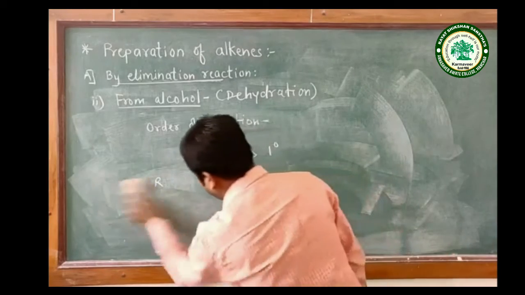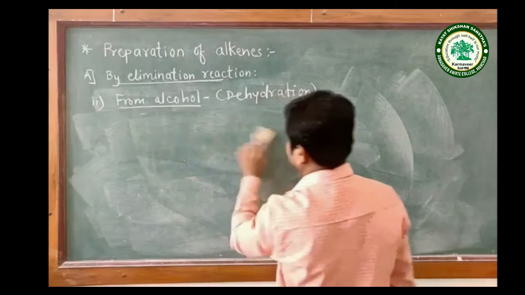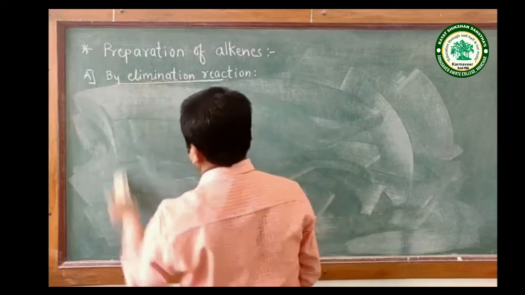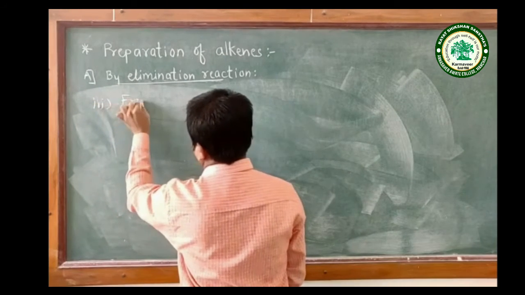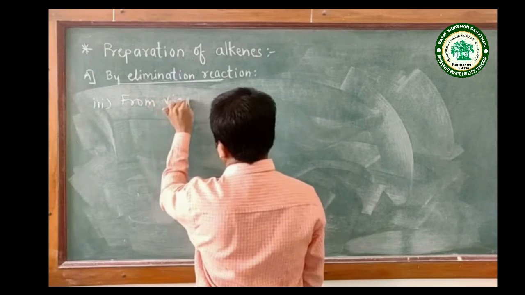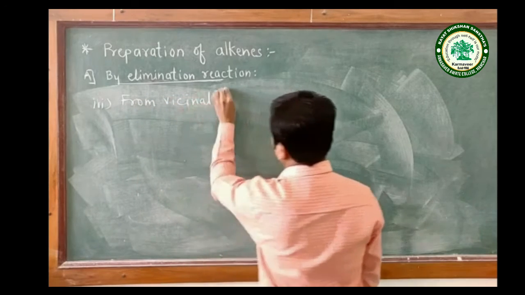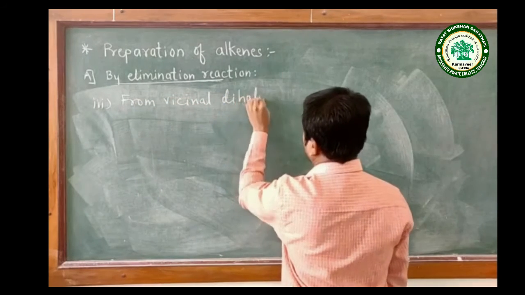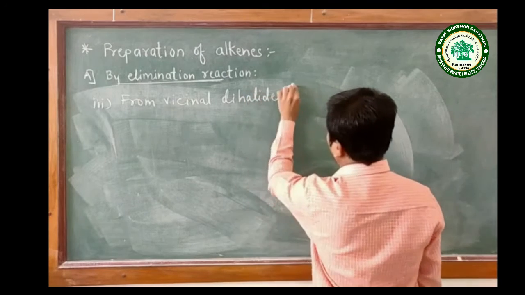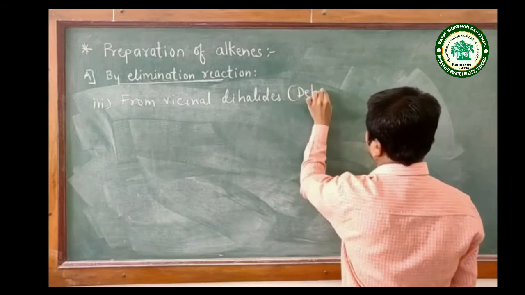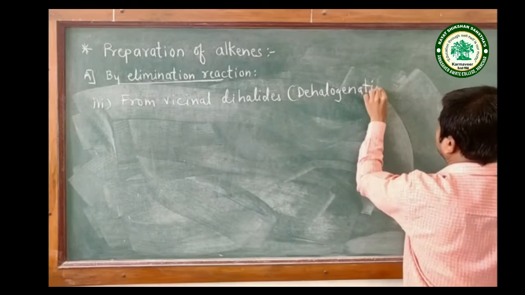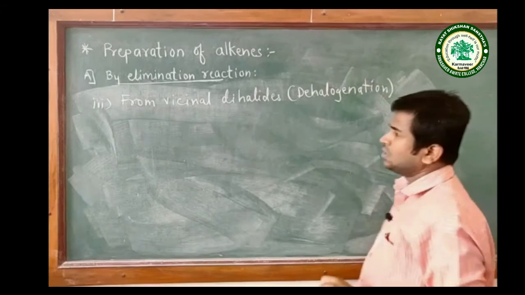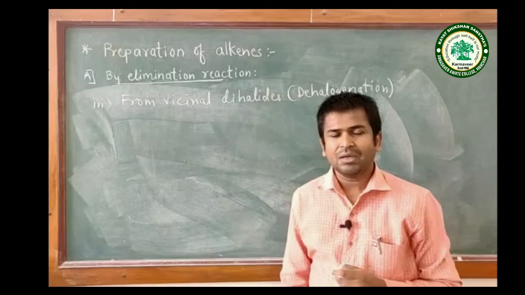Now the third reaction from which we can prepare alkene by elimination is from vicinal dihalides. This reaction is also called dehalogenation reaction. So what is vicinal dihalide?